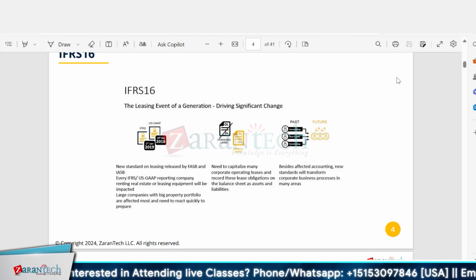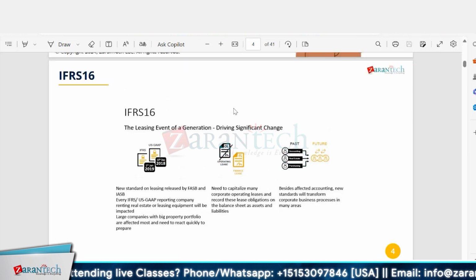Moving further, IFRS 16. Okay. I'll take you through this now. That was a basic understanding. Before going through the theoretical understanding, I wanted you to understand the basic fundamentals of how exactly IFRS 16 works, apart from SAP and within SAP.